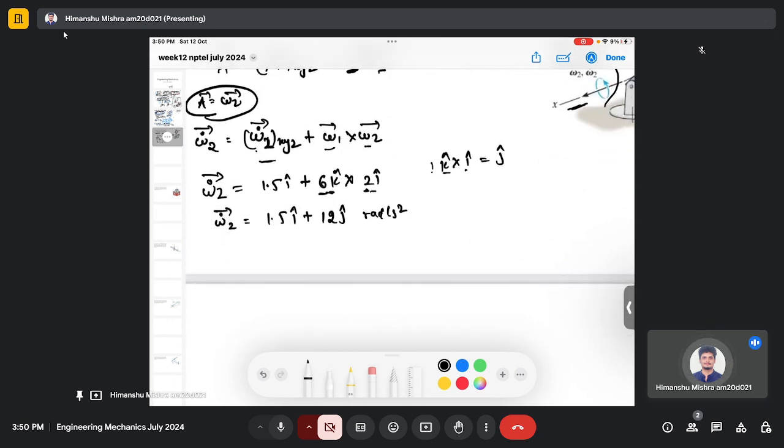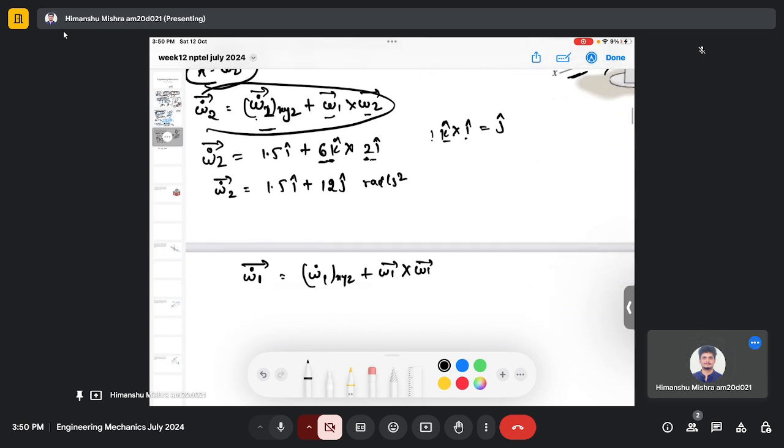Now I can calculate the component of angular acceleration along z, so it will be omega dot 1, and I can use the same formula, so I can write omega dot 1 in the xyz plus omega 1 cross omega 1. So what is omega dot 1 here?